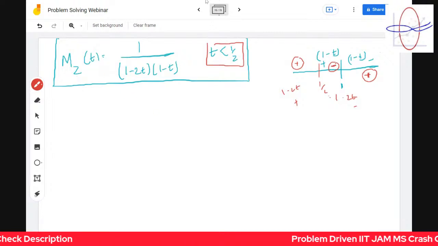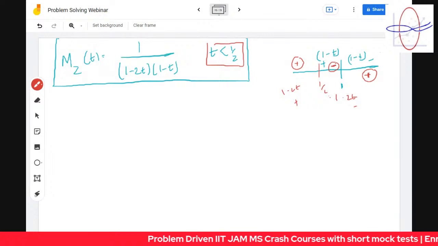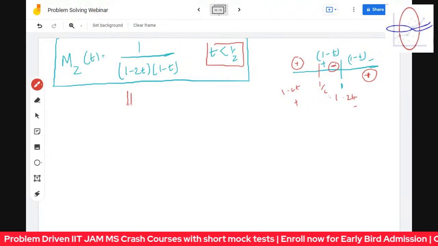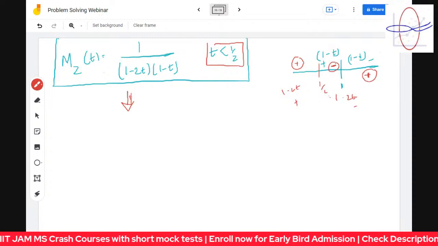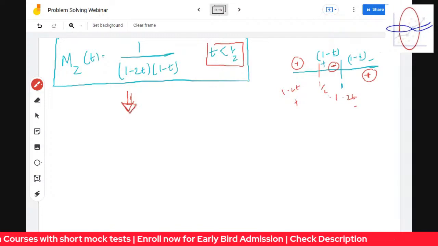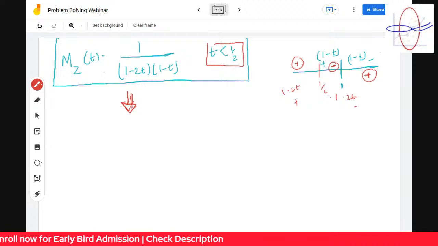So there can be two ways of doing this afterwards. You have to find out what this Z is, whether it is something known or not.